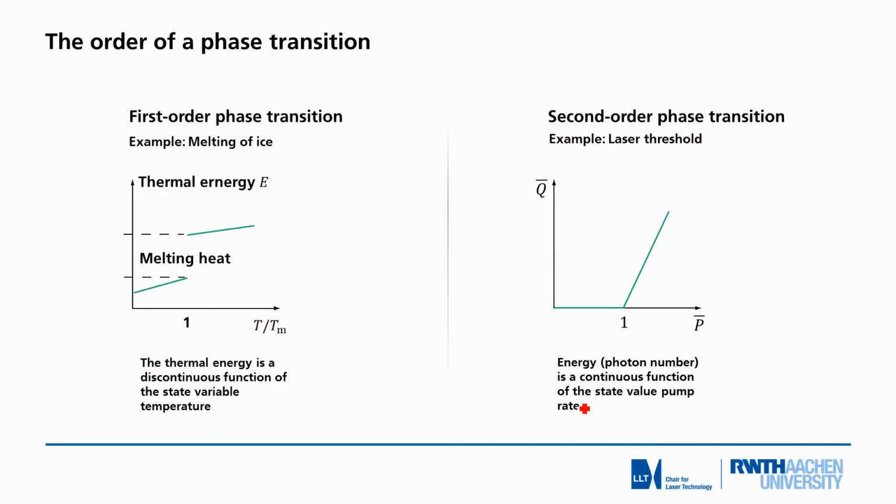This effect actually can be compared to a second order phase transition. To remember, a first order phase transition is, for example, the melting of ice. You are all familiar that if we increase the temperature by putting thermal energy to a system, then the temperature will increase in a solid state.